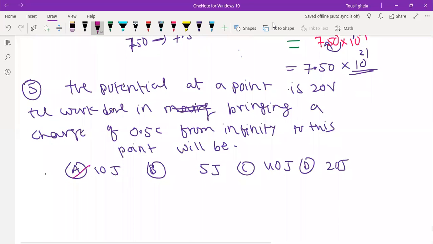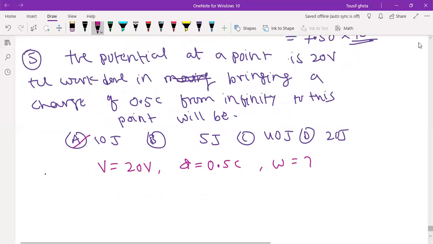Okay, Samprita also says 10 joule. Right, chalo. Okay, Samprita. Potential difference V is equal to 20 volt. We should find the work done. They gave the charge, Q is equal to 0.5 coulomb, correct? We know the formula, potential difference is equal to work done by charge. We should find work done.